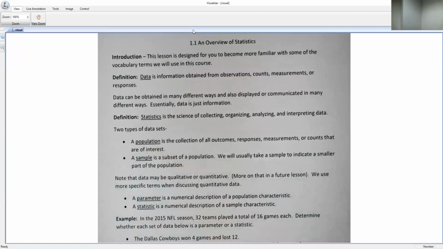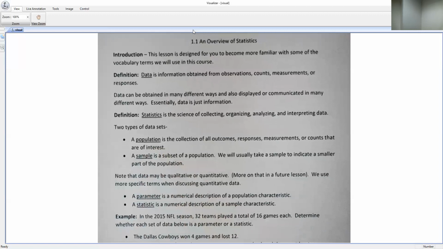However, if we define our population a little differently, let's suppose that we define our population to be all the people that live in Texas, then a sample for all the people that live in Texas might be all the people that live in Athens, Texas. That would be a subset of our population.